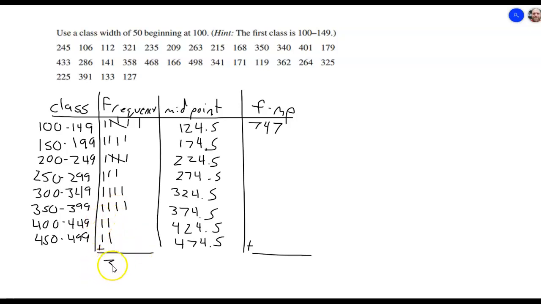So it looks like we have 30 total values. Yep, that's 30. So you're going to take this entire column and divide by 30. And that should give you a mean that's pretty close to as if you had just added up all 30 of these values and divided by 30.